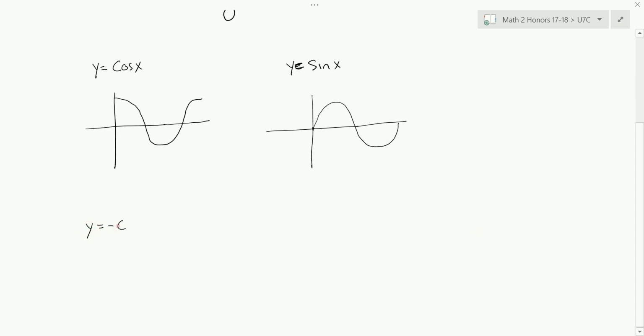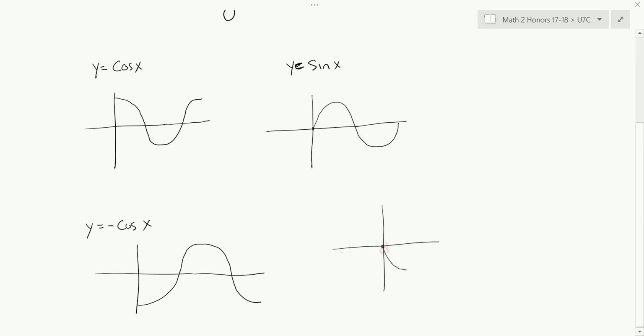So if you have a negative sign in front of the cosine, you start at the min, end at the min. And for the sine, you start at 0, 0 again, but you go to its min first, and then its max.